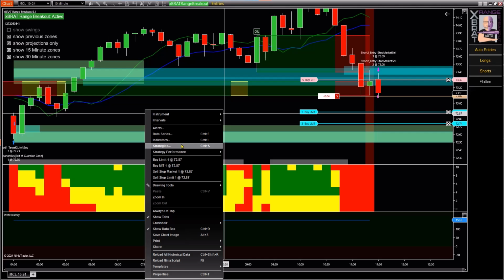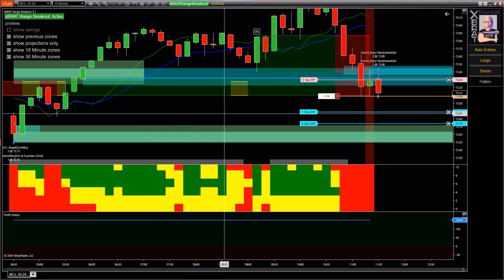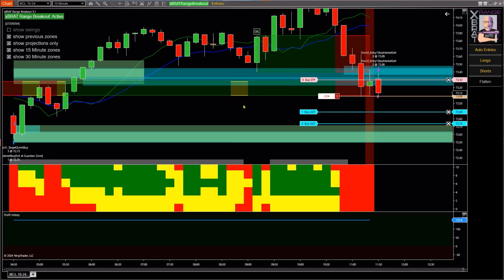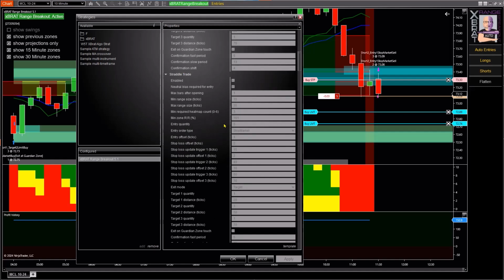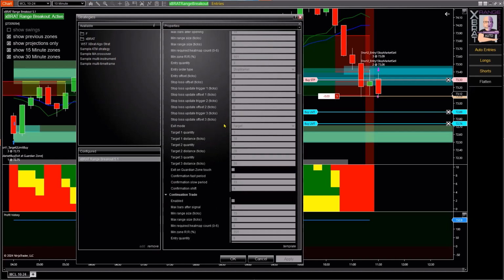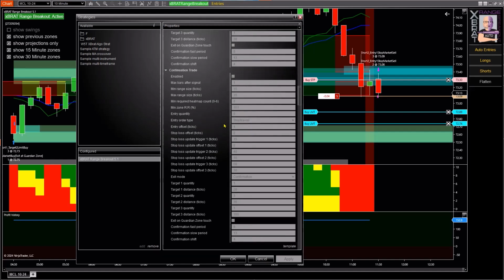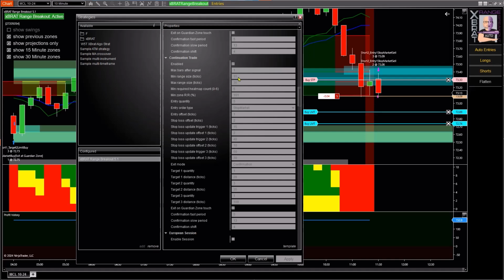So if we have a look at the strategy here, this is what's called a continuation strategy. So on the continuation strategy that's moved down, we've said the minimum range is 15, maximum range is 35. We need 6 out of 6 on the heat map, which there is. That's really good, and we're going to enter 5.